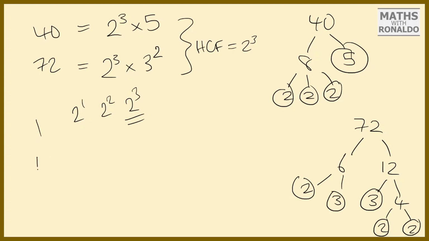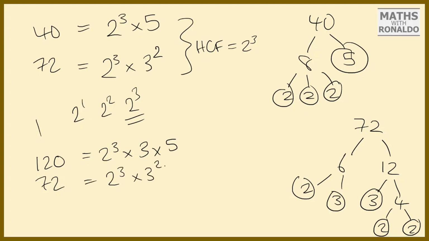If our numbers were 120 and 72, well, 120 is 2 to the power of 3 times 3 times 5, and you can do that using the prime factor tree, and 72 is 2 to the power of 3 times 3 squared. Now the highest common factor is different.